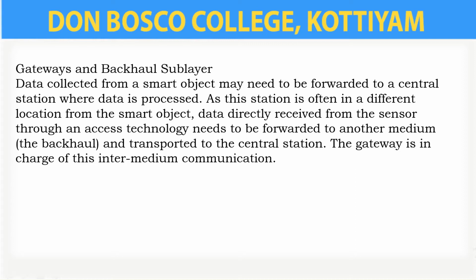As this station is often in a different location from the smart object, data directly received from the sensors through an access technology needs to be forwarded to another medium, that is the backhaul, and then it should be transferred to the central station.